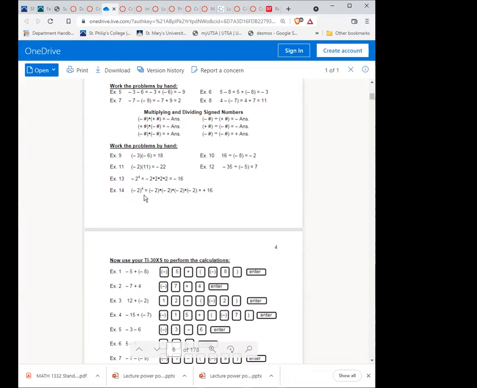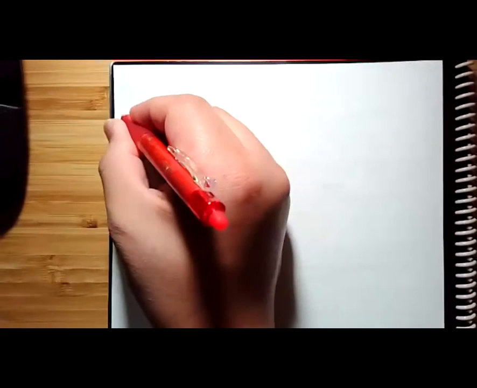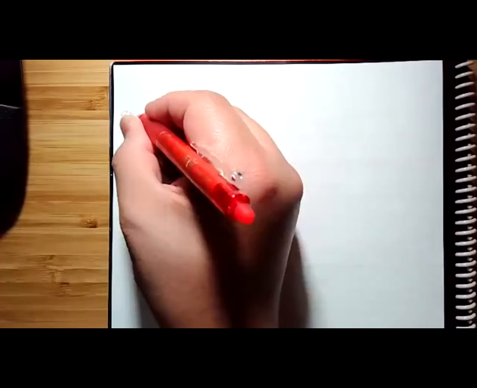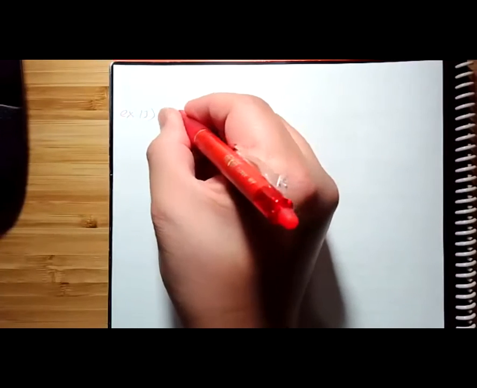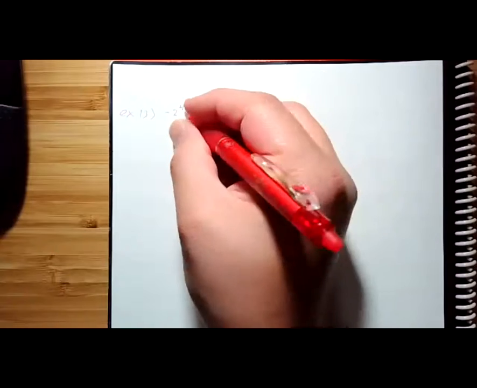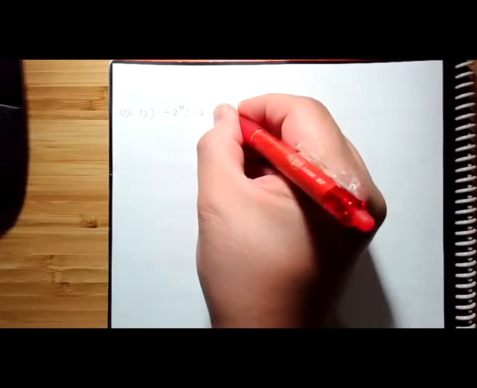So on number 14, let's go ahead and do those two real quick. So -2 to the 4th equal to -2 times 2 times 2 times 2.